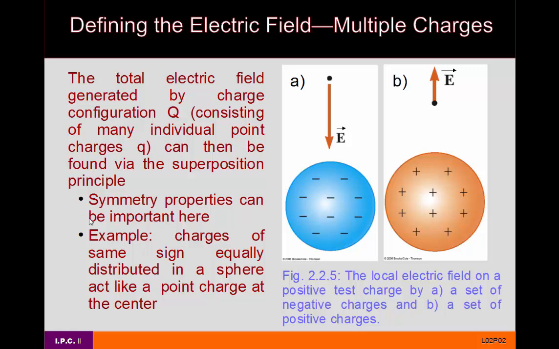If the charges are distributed about a sphere and they're equally distributed, then symmetry says in the middle of the sphere there should be 0 electric field. Outside the sphere, the field will look the same as if all of the charge was a single point charge in the center of the sphere. We'll get to that later when we discuss Gauss's law.